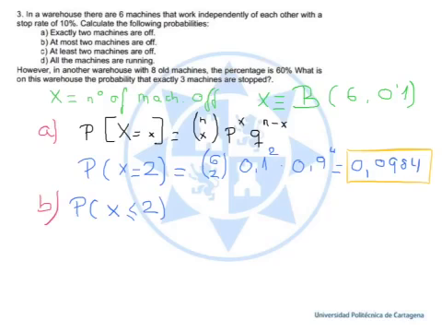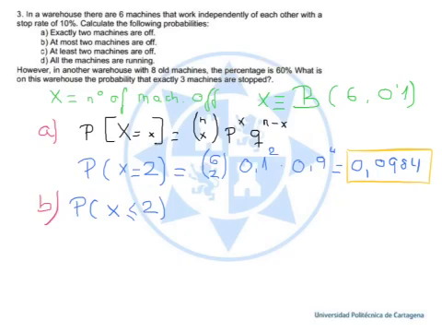In part B, we are asked to calculate the probability that at most 2 machines are off. That means that we are looking for the probability that x is smaller than or equal to 2. We cannot find this result in the tables, neither can we calculate it like in part A. So we are going to simplify that expression.